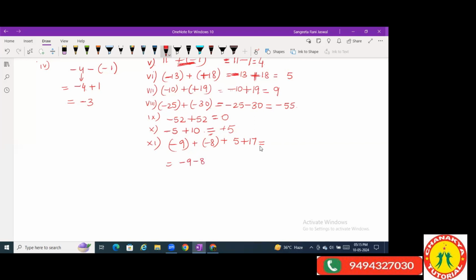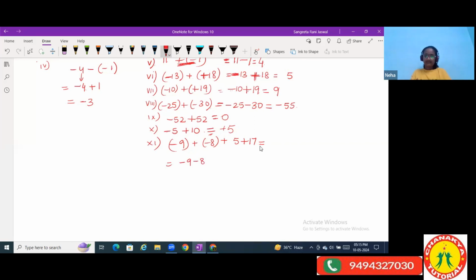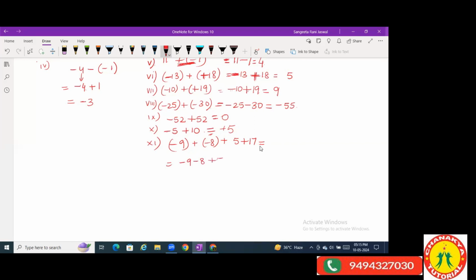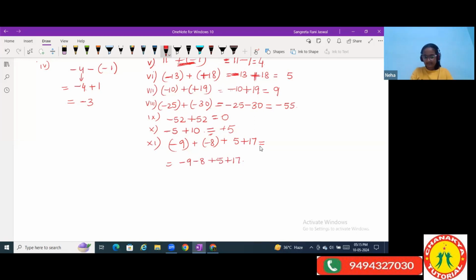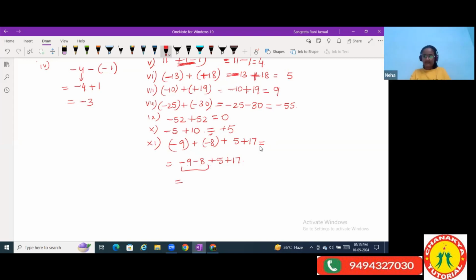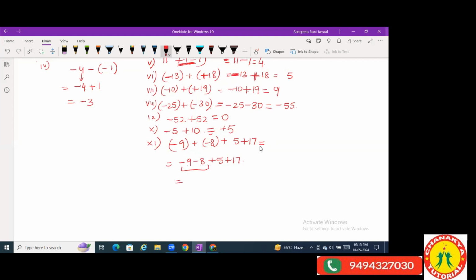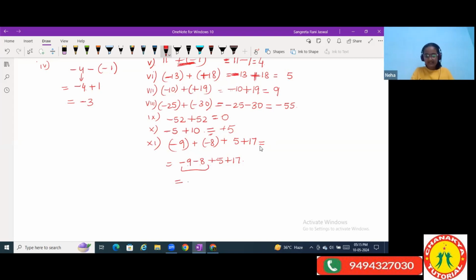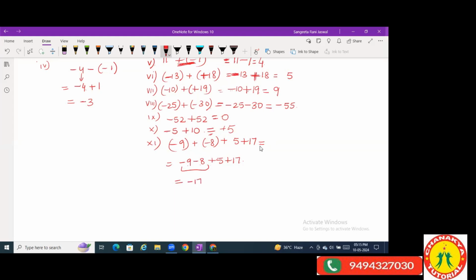We'll write the full thing first. This is plus 5, this is plus 17. We write it down as it is. Now we take two numbers first. What is minus 9 minus 8? Minus 9 minus 8 is minus 17. Very nice.